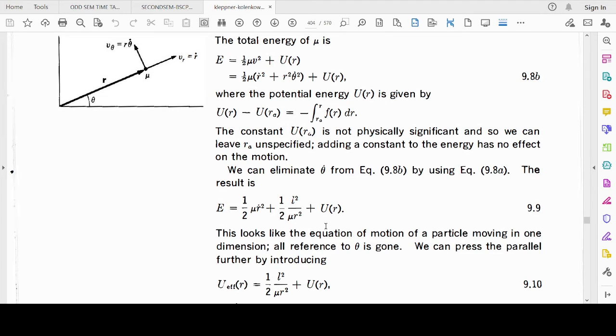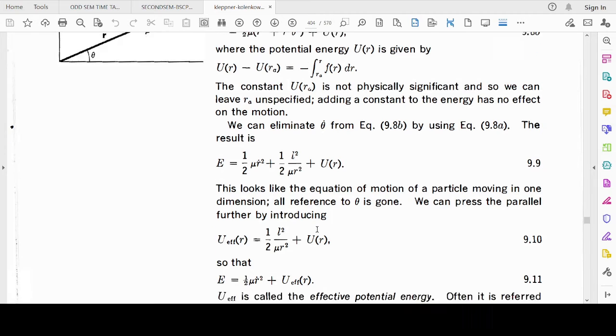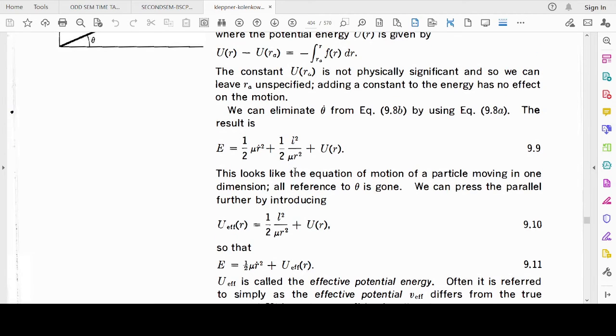Okay. Now you see the second term and the third term. The second and third terms can be combined into a single term, because all reference to theta is gone.